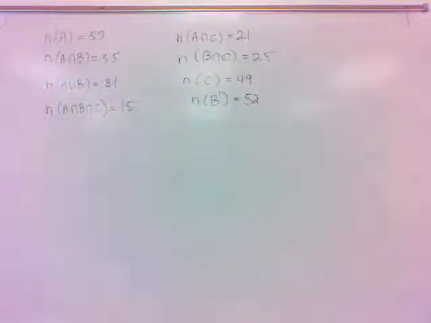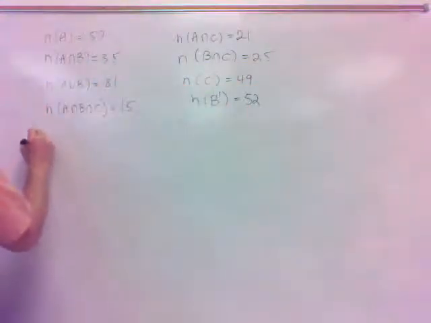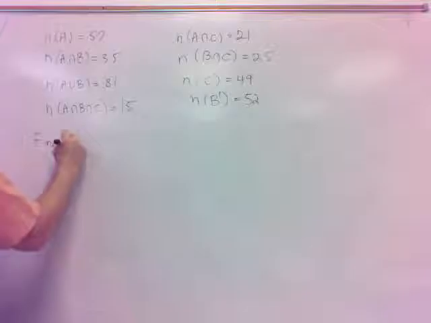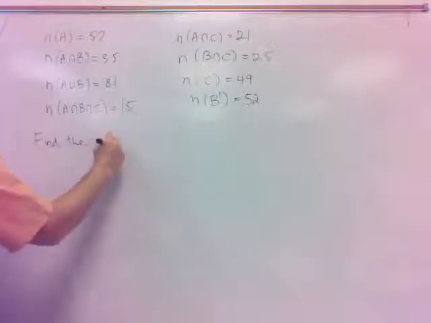See if I got all those written down right. 57, 35, 81, 15. Yep. So again, same scenario here. Find the number of elements in each part of the Venn diagram.